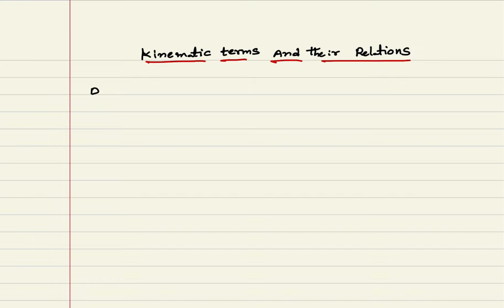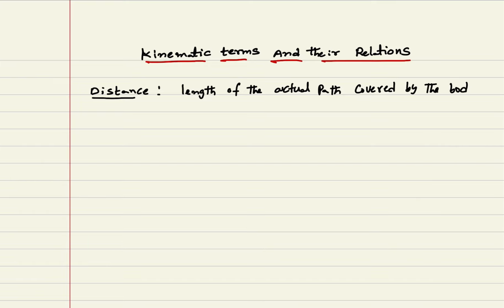First, what is the meaning of distance and displacement. The meaning of distance is nothing but the length of the actual path covered by the body in a given interval of time. Next, displacement.